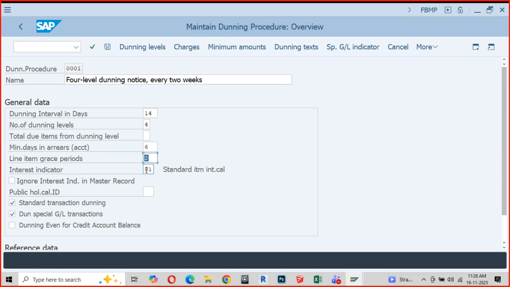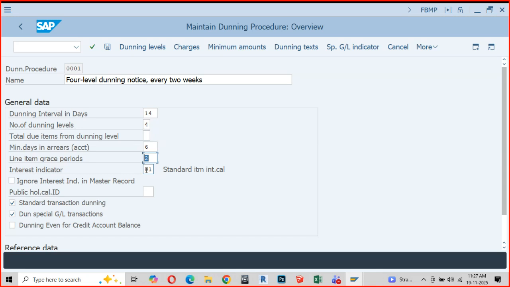The process is called interest calculation, but I don't think there is a subject on that for this particular course. Yes, but it's enough for you to know that there is something called interest calculation. Just like you had the discount term, you also have interest calculation. You reward the early payment and you also penalize the late payment.